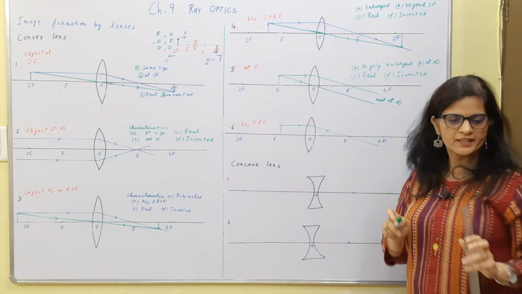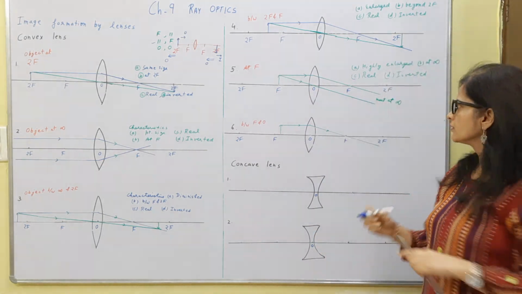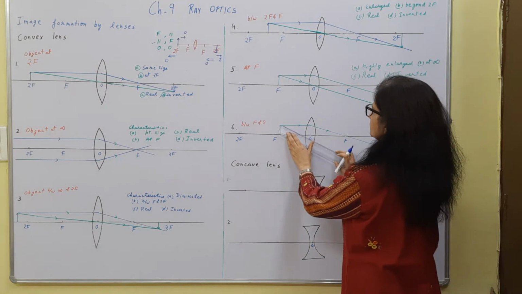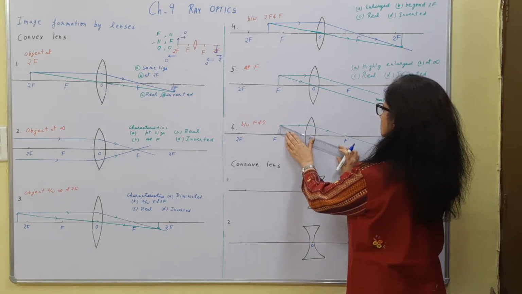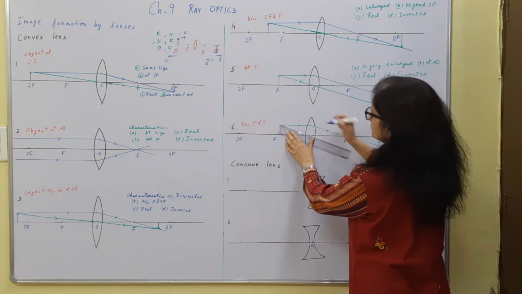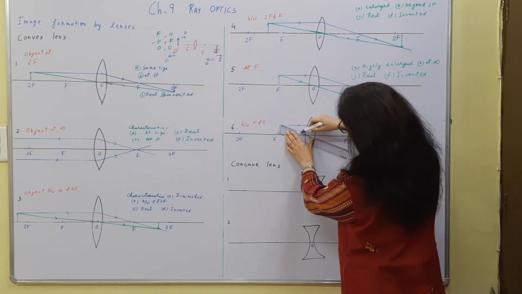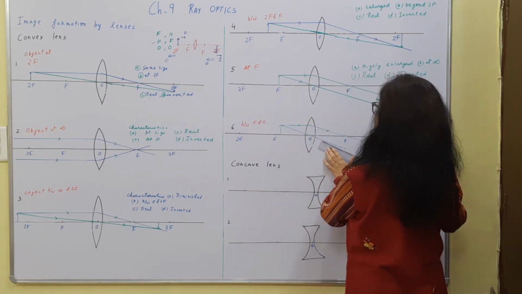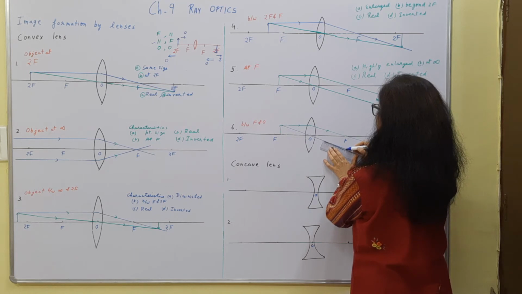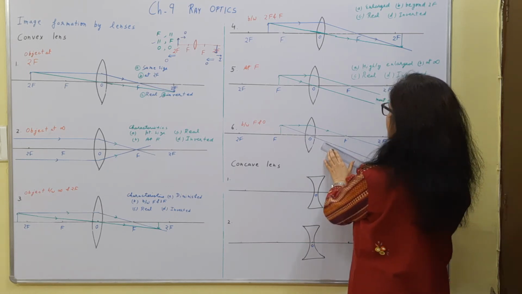So what will be the second ray? Second ray we can take this, so this is diverging this way.